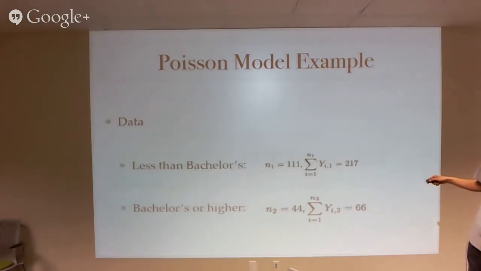And then we can change the data to this form. For those who don't have a bachelor's degree, there are totally 111 people, and the second group has 66 people, 44 of whom have a bachelor's degree or higher.